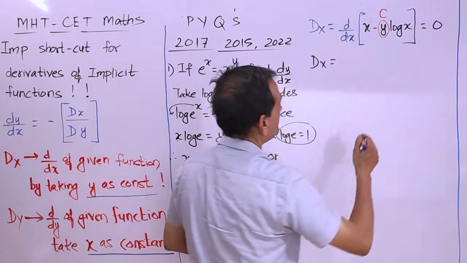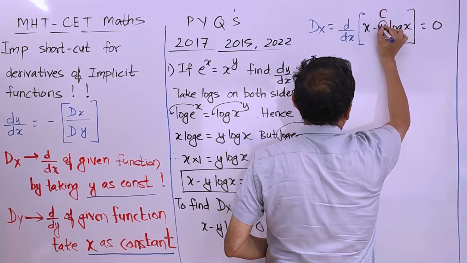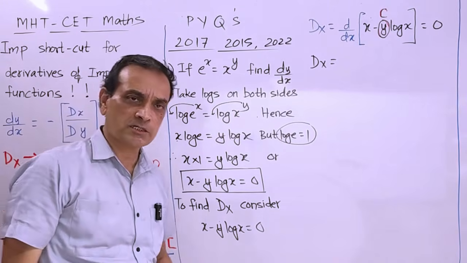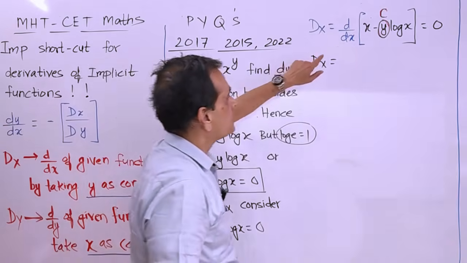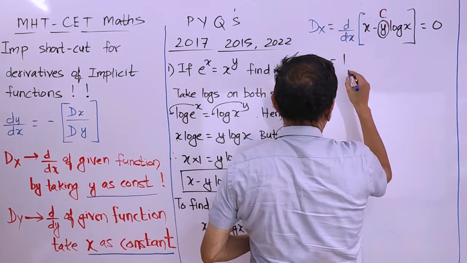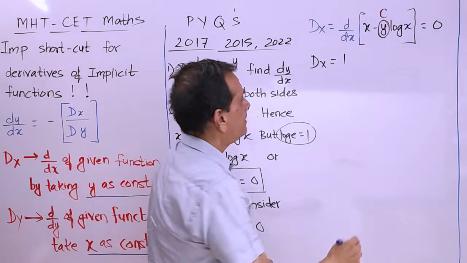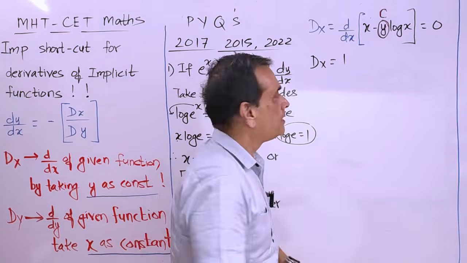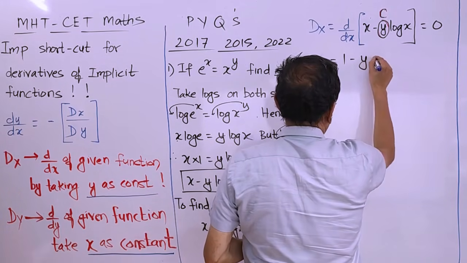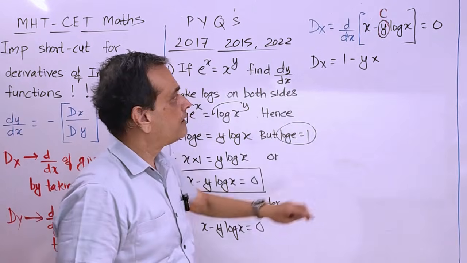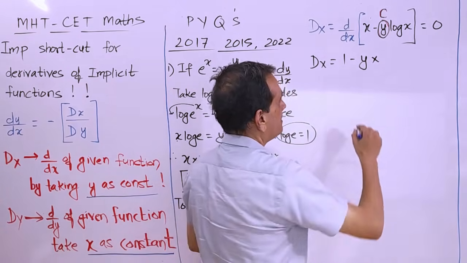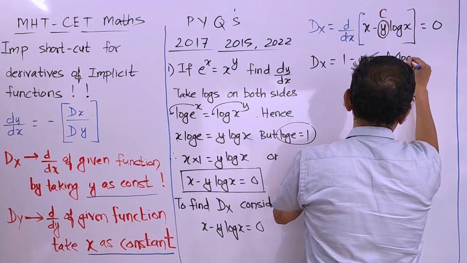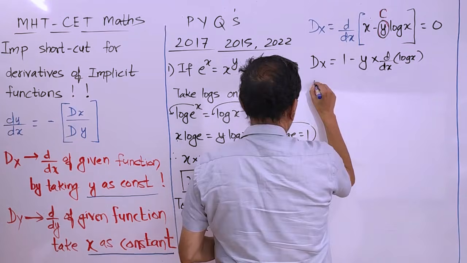So that is the reason that I have called this as c. Y को c बोला, it is like 500, 200, it is taken as a constant. ध्यान में रखो अभी. So d by dx of x is 1. What happens when constant is present along with x? क्या करते हैं हम लोग? Constant को बाजू को रखो. Just keep it aside. Derivative of log x, d by dx of log x.